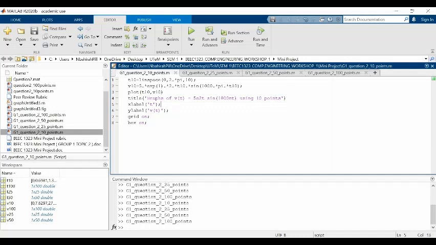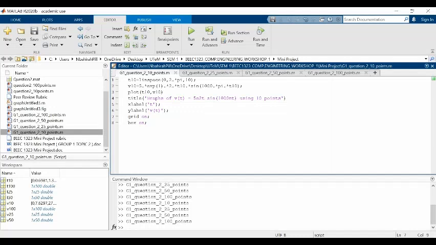The title for this graph is graph of V(t) equals 5e^2t sine 1000 pi t using 10 points. This is how to write the name of the graph, and the names of the x label and y label. For our question, we name the x label t and the y label V(t).